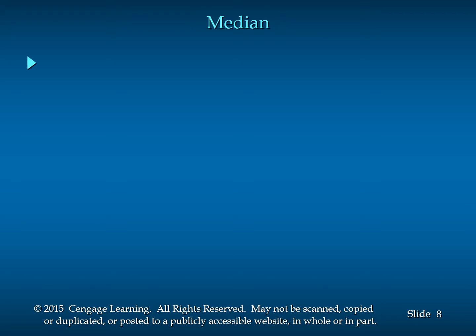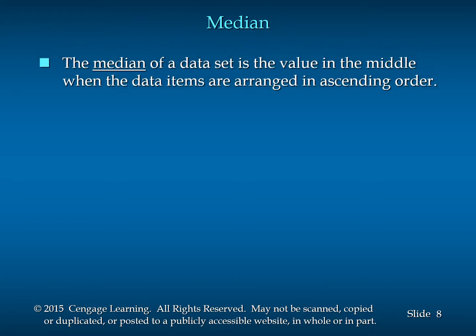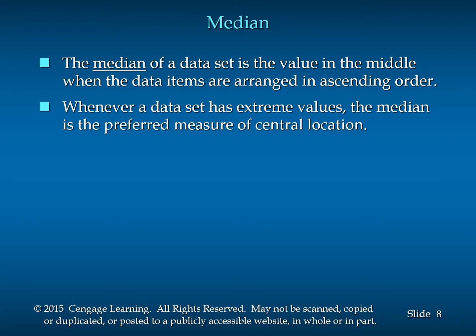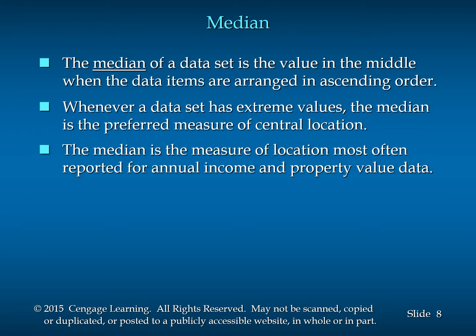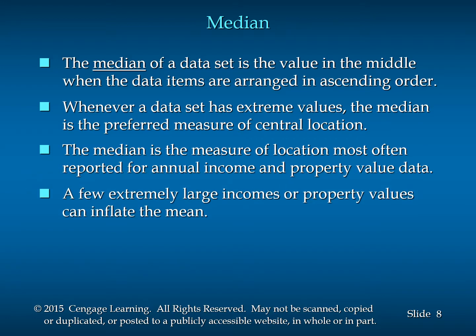The median is the second most useful measure of central location, and it is the value in the middle when the data is arranged in ascending order. The median is useful whenever the data has extreme values. For example, if you're looking at incomes or property value data, where a few extremely large or extremely small values will inflate or greatly reduce the mean.